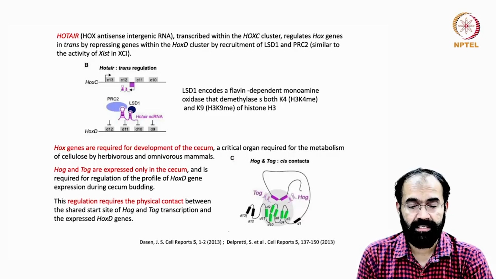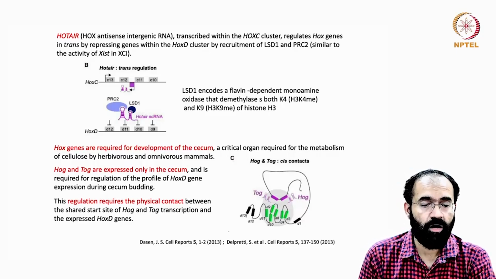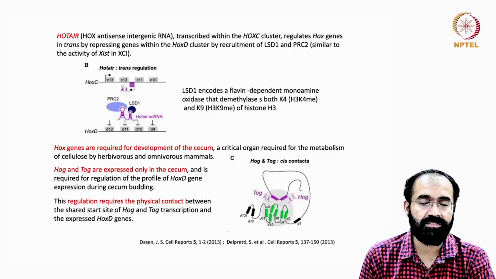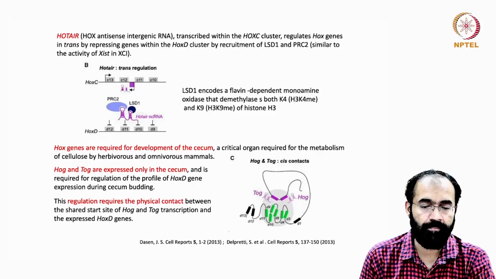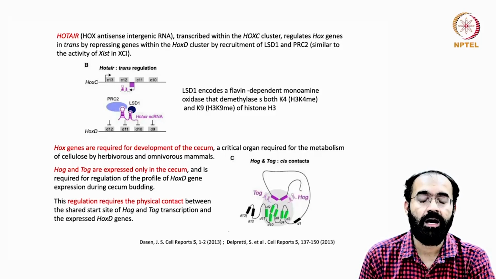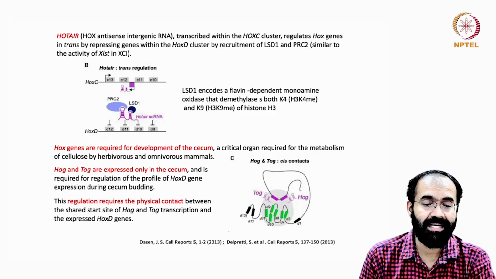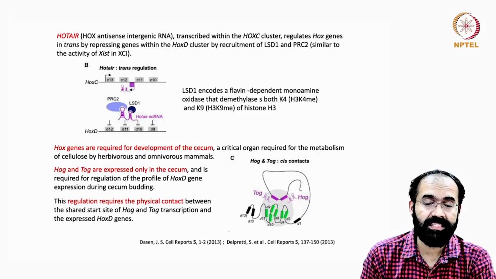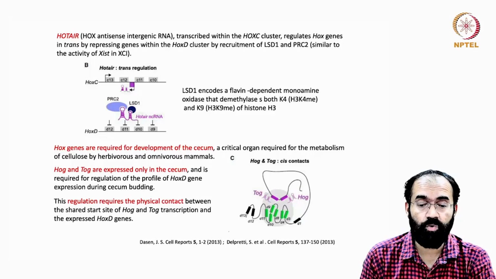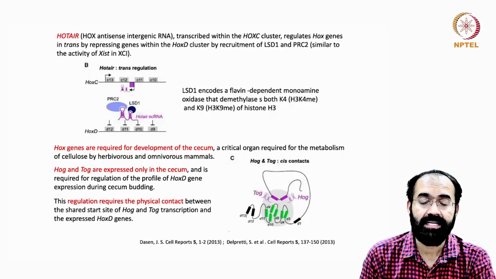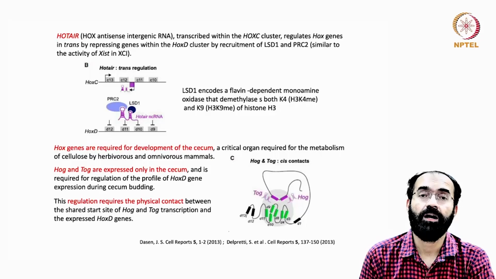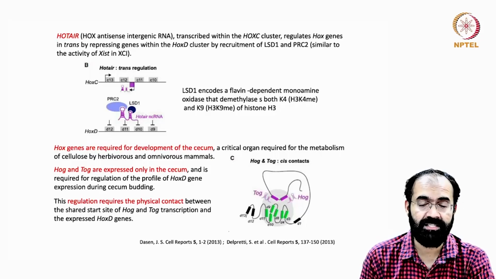Let us see the role of HOTAIR. HOTAIR, the name says HOX antisense intergenic RNA. So it is transcribed within the HOXC cluster. It regulates HOX genes in trans by repressing within the HOXD cluster by recruitment of LSD1 and PRC2, and it is similar to the action done by Xist at the X chromosome inactivation center.